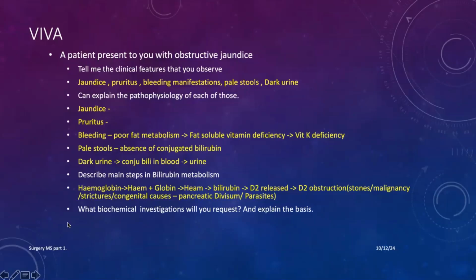So what are the biochemical investigations you would request? And can you explain the basis for that? First to diagnose the condition, whether it's obstructive jaundice, for that need bilirubin level, including total, indirect, and direct portion. Then you have to find the cause. What is the reason for the obstruction?